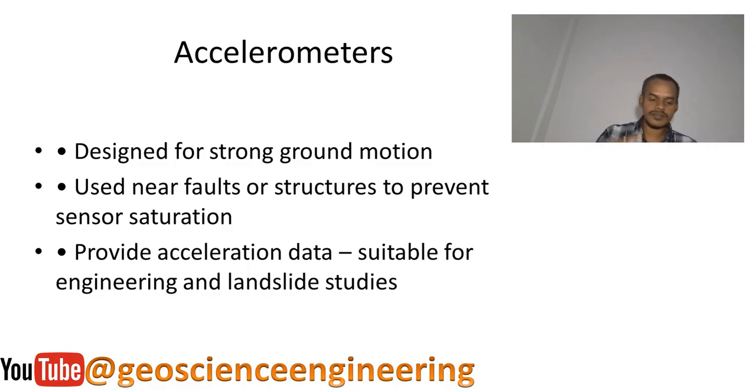That means it will show you the amplitude of the wave and the time at which it came. This is done by the recording instrument, the time synchronization is given by the GPS, and the data transmission is done by the seismic station through different servers like SeisComP, Earthworm or even Antelope.